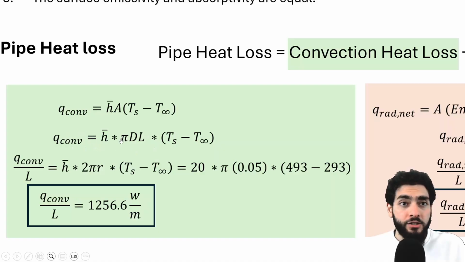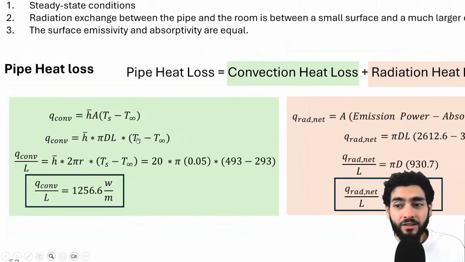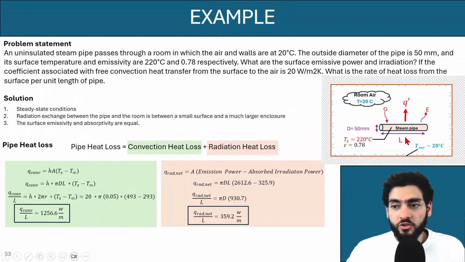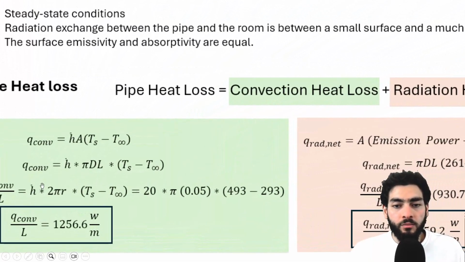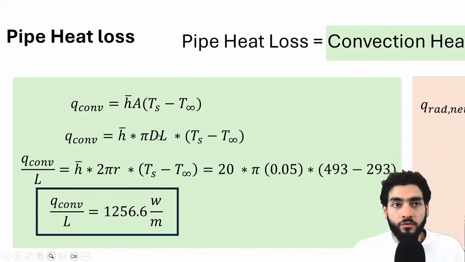And we could rearrange this equation because we don't know what the length of the pipe is. As you see from this picture, the length of the pipe is not given to us, and it's actually asking us to figure out the rate of heat loss from the surface per unit length of the pipe. So I'm going to move the length over to this other side of the equation.